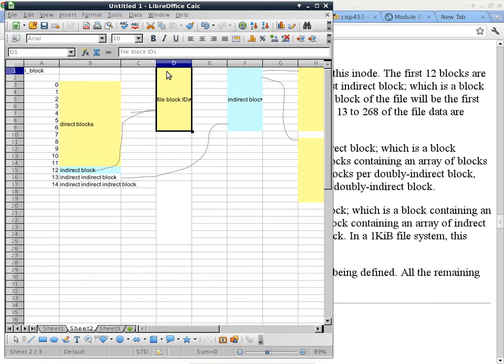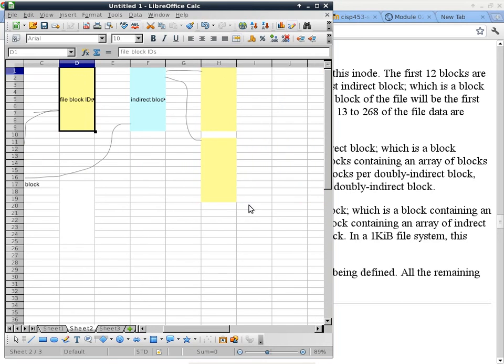This will be the 13th entry. So you have the 13th entry, and there are 1024 entries in this block. Okay, so there are 1024 entries in this block, and there are 12 here. So that will make this one 1024 plus 12. That's what this one is pointing at.